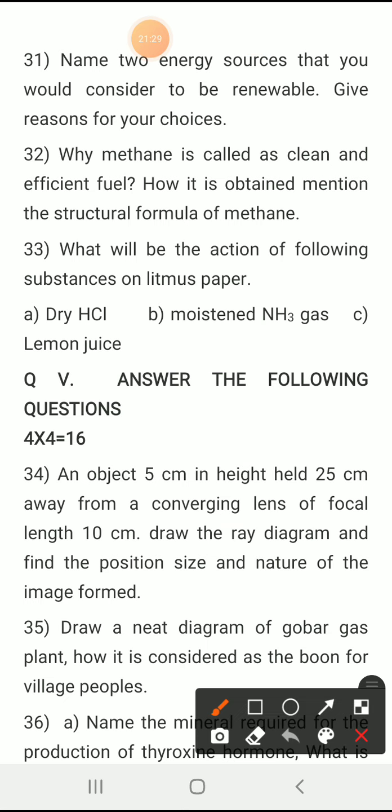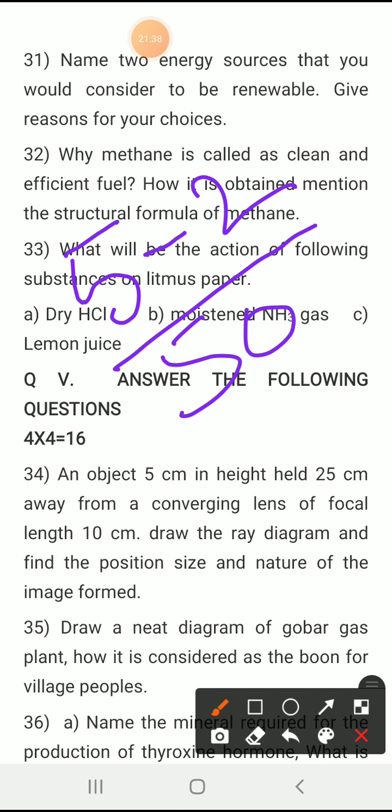When we take the LCM and solve it, the answer comes as 5 minus 2 divided by 50, which is nothing but 3 by 50.